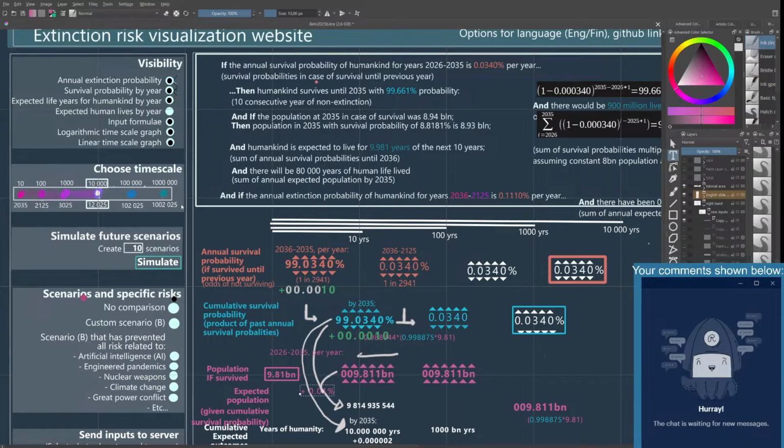I could have it smaller. It's got per year.